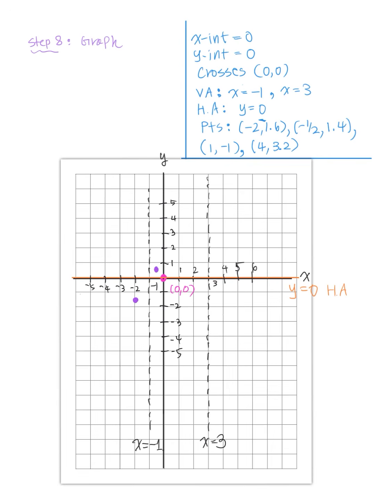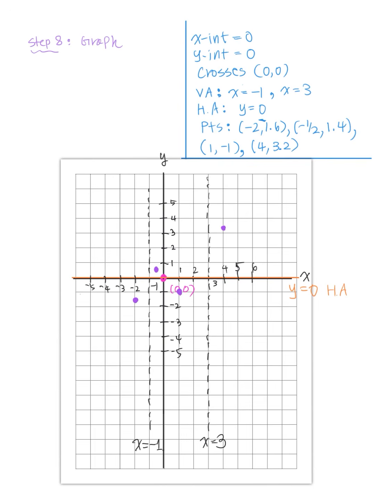And the next one is 1, -1. Oh, I'm so sorry, x and y intercept. And then the next one is 4, 3.2.